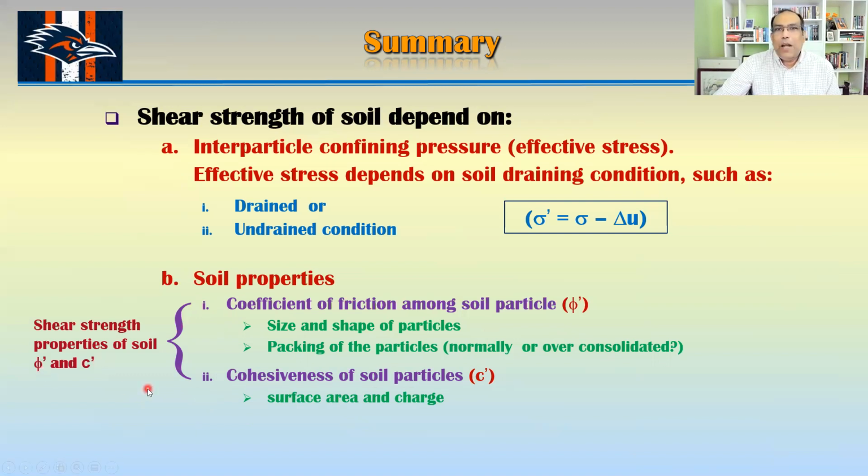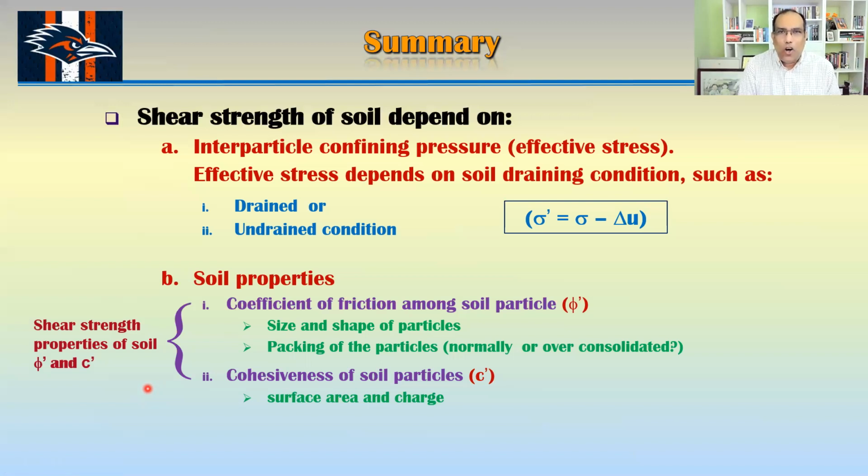and c prime. So if anybody asks you, hey, what is the shear strength parameter of the soil? This means they are asking about phi prime and c prime. Okay, what is the frictional angle and what is the cohesion?